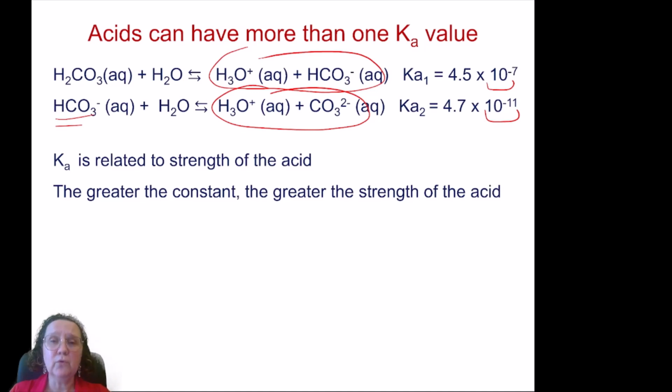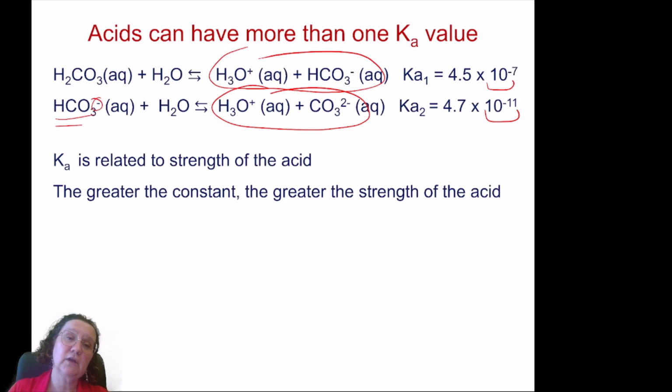It becomes more and more difficult for the acid species to donate a hydrogen to the water, or for the water to take away a hydrogen ion from the acid, because you start generating species with a negative charge.